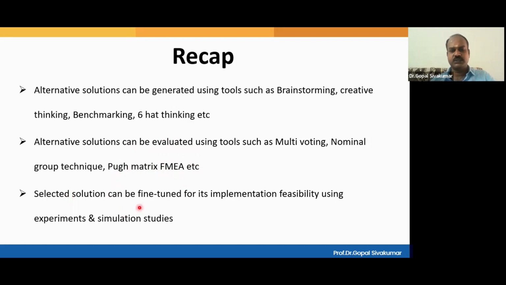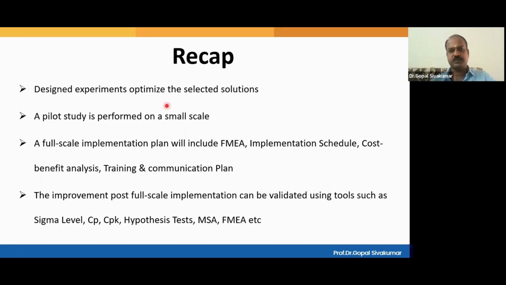And then the selected solution can be fine-tuned for its implementation feasibility using experimentation and simulation studies. Actually, in order to fine-tune and optimize the solution, some additional effort in terms of experimental studies is required. These are called designed experiments, which will help you to optimize the selected solution.